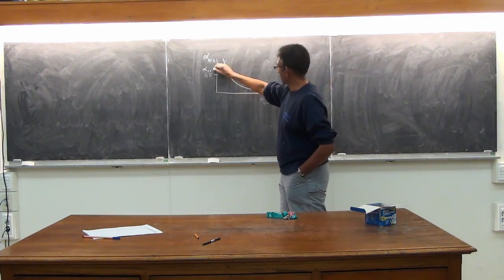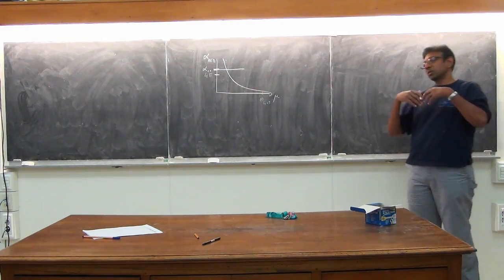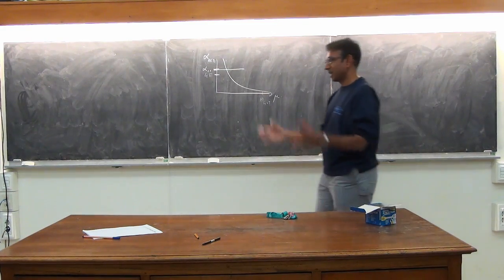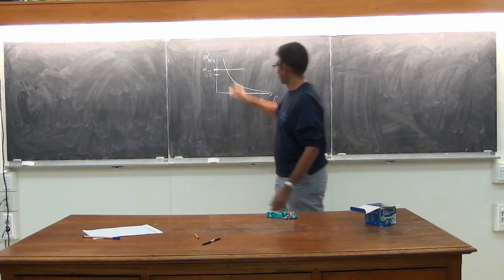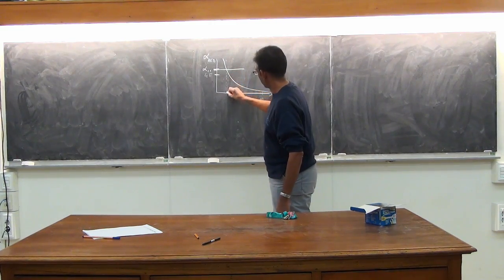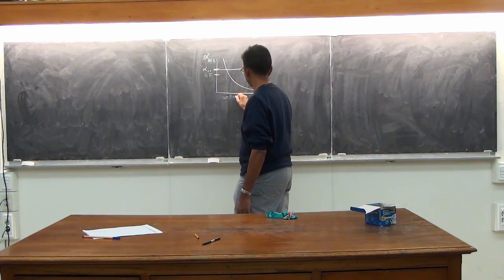At alpha critical, the theory becomes so strongly coupled that all the quarks get combined and they form bound states. So at alpha critical, we confine quarks.